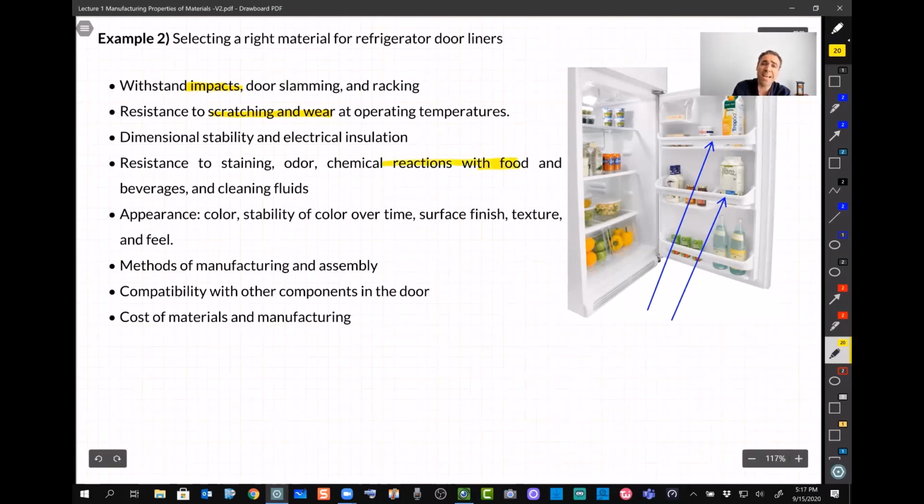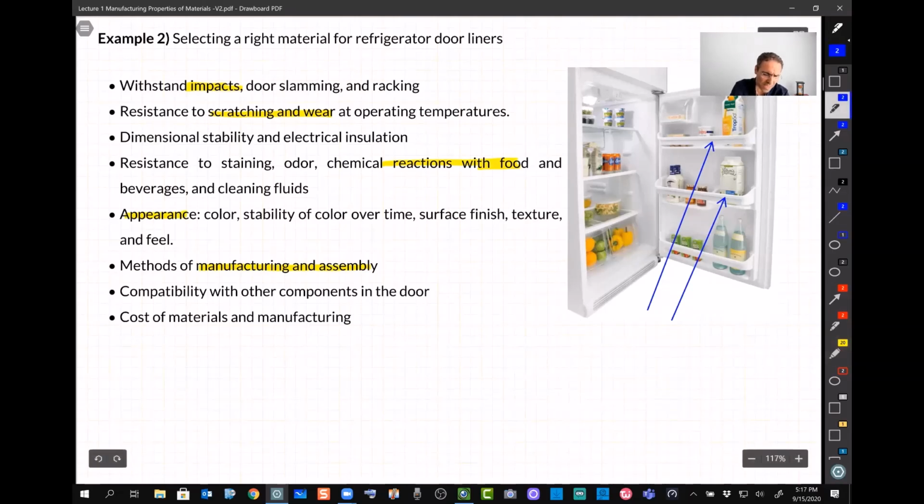You don't want something that gets damaged or corroded under certain foods. Of course, the appearance is important, and the way that you want to manufacture and assemble it, which later we'll see how these liners are made, and compatibility with other things, and also the cost. You don't want to pick a material that is very expensive.